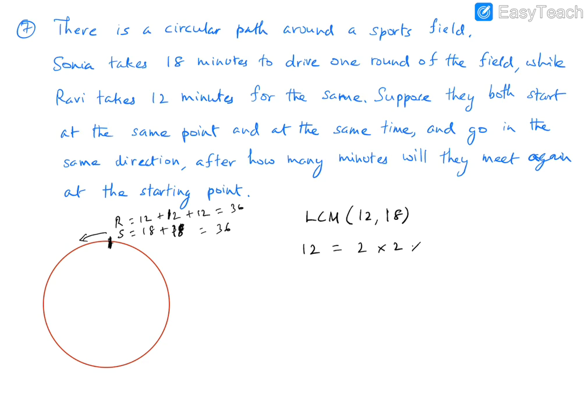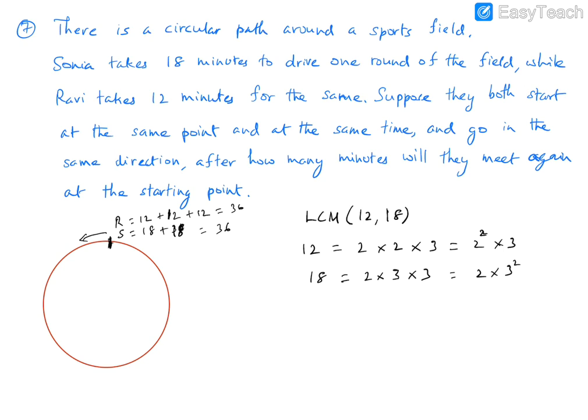So 12 is 2 into 2 into 3, which is 2 power 2 into 3, and 18 is 2 into 3 into 3, so that will be 2 into 3 power 2.